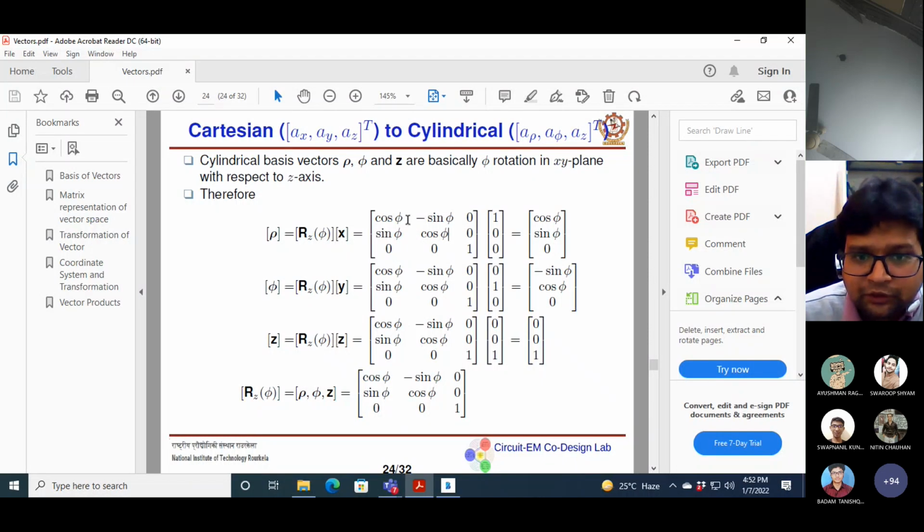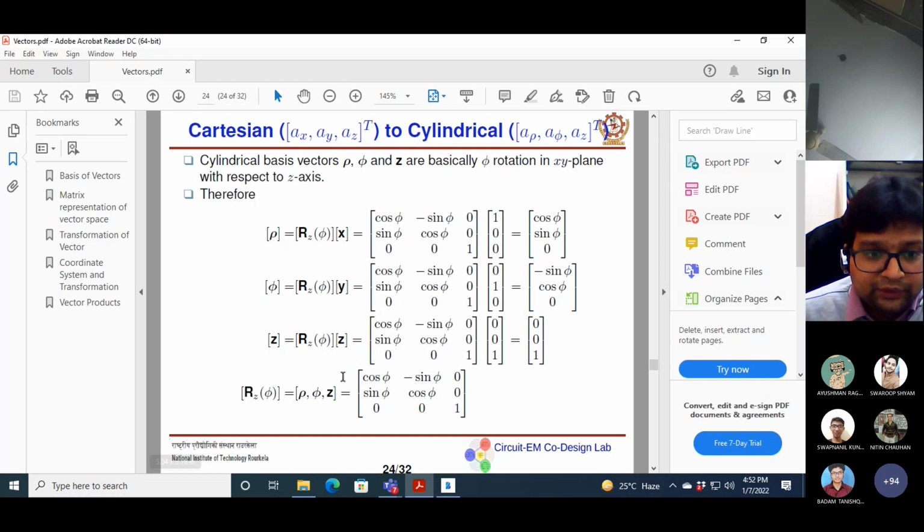If I multiply by 1 0 0, it is basically a slice of this. This slice is rho, this slice is phi, and this slice is z. Z is basically 0 0 1. Now this is my rotation matrix, R phi, with columns rho, phi, and z.